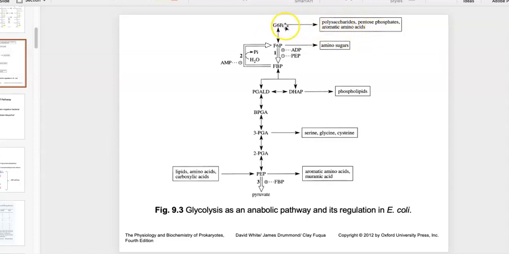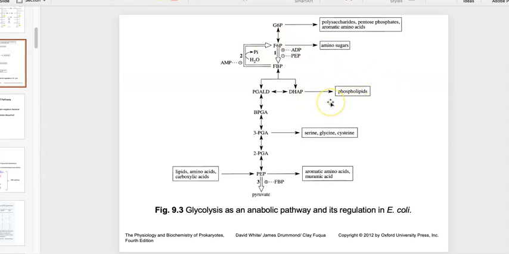So the glucose that's here can be used to make polysaccharides needed for biofilm formation or whatever kind of mucilages microbes might make. Sometimes microbes will need extra amino sugars to produce peptidoglycan and so forth, and so they can pull that material from here.